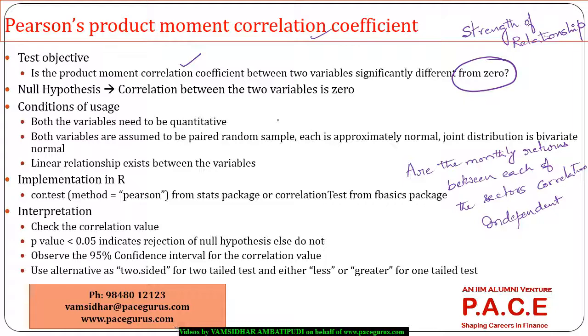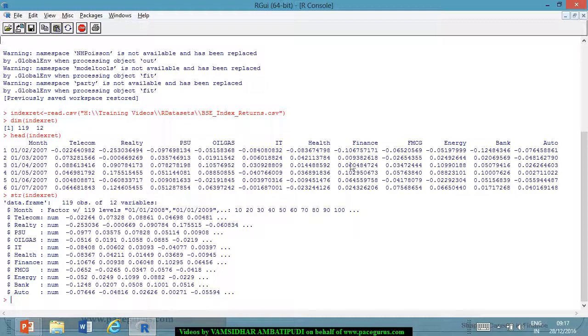So correlation can be any number between -1 to +1. So -1 indicates a strong negative relation, +1 indicates a strong positive relationship. Somewhere close to zero means there is hardly any kind of a strong relationship between the two. So like this, I want to do for all the pairs. Now I have 11 sectors altogether.